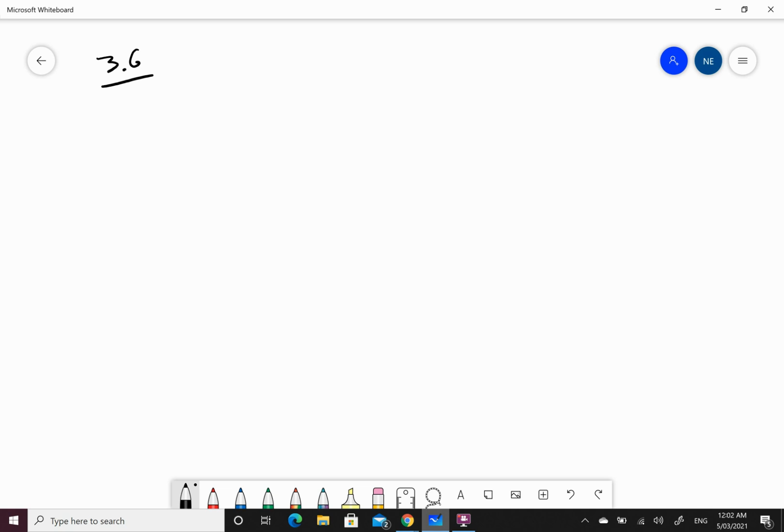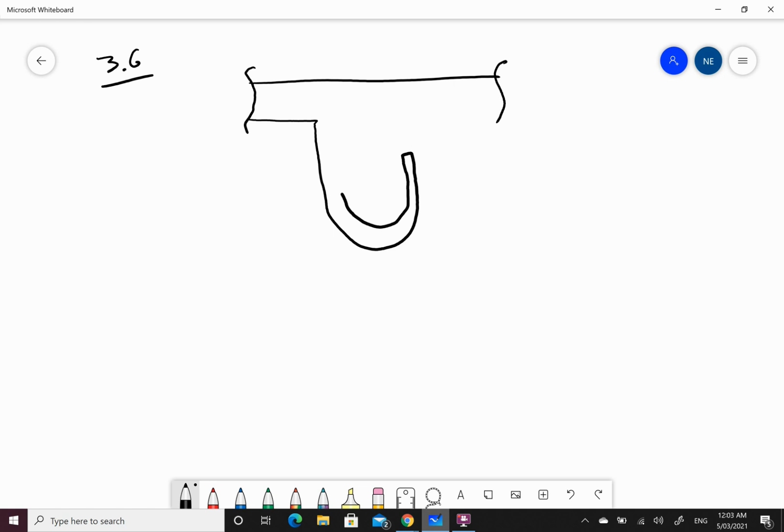So our first thing to do is to set this drawing up. I have a pipe running this way, and at some point along it, I have my manometer. It's not the best drawing in the world, but it will work.